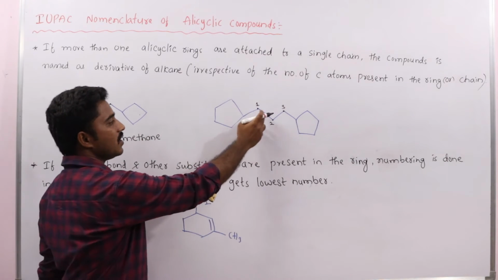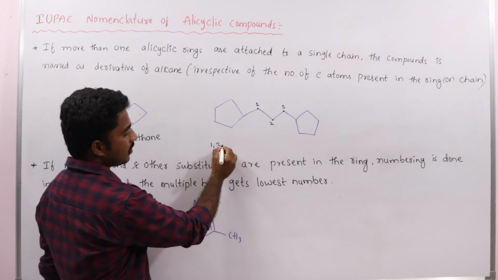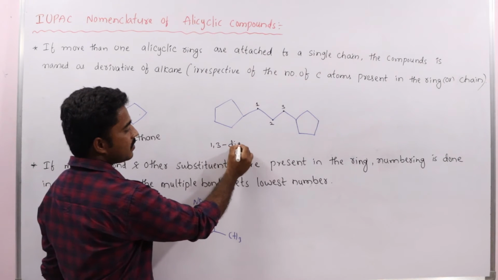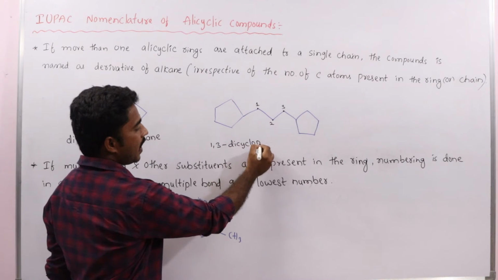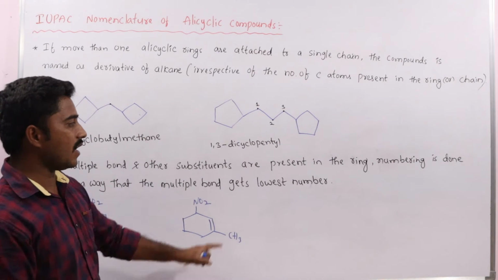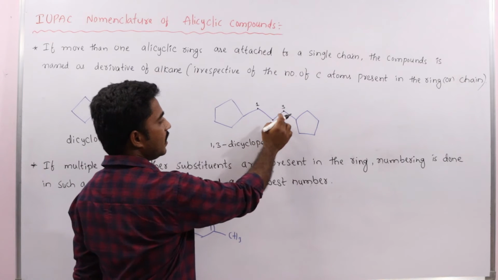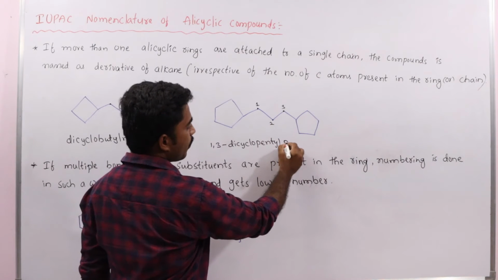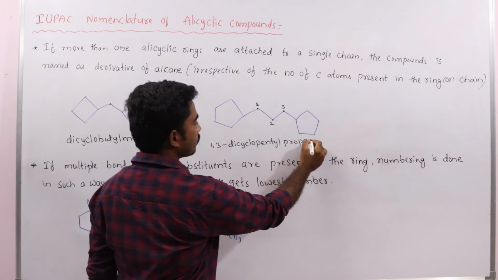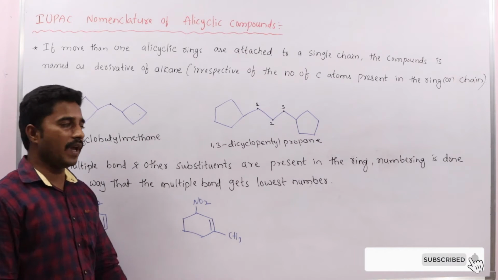One is at first position, one is at third position. That's why we write 1,3 dicyclopentyl. How many carbons in the parent chain? 3 carbons. That's why propane. 1,3 dicyclopentyl propane.